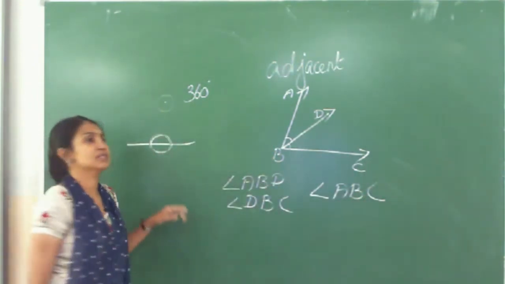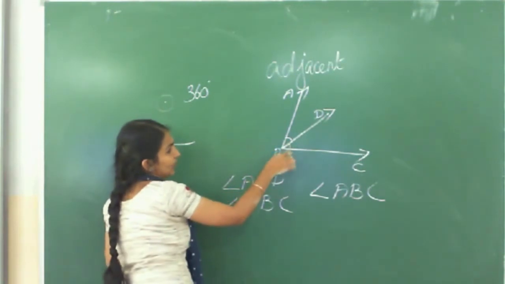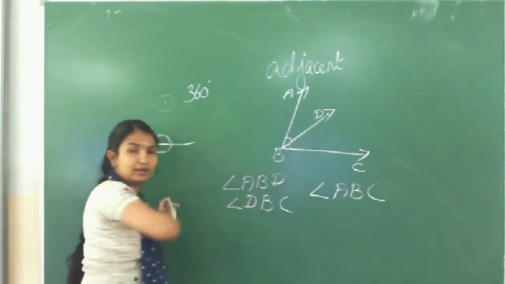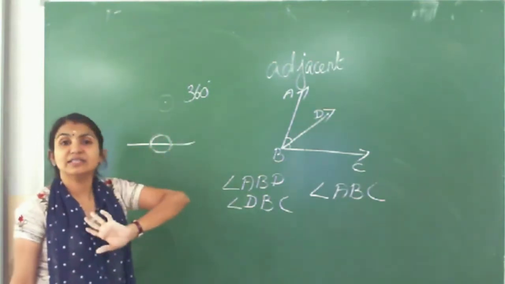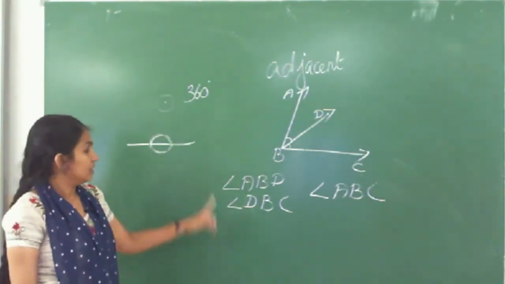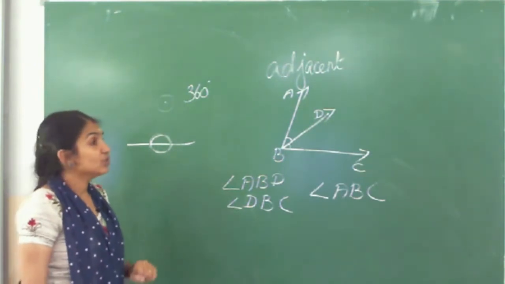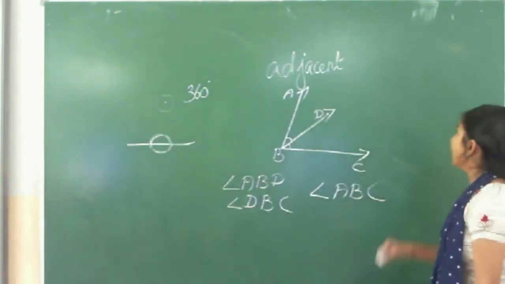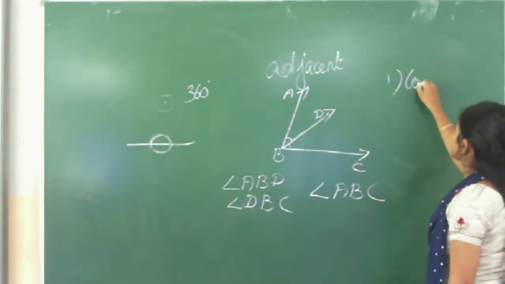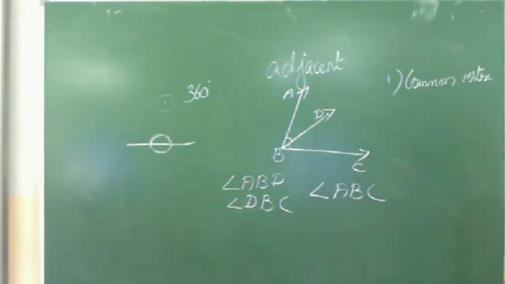So 3 angles are formed. One angle is this, one angle is this one, and this total one. From this, we are going to check which are adjacent angles. The first point is they should have a common vertex.